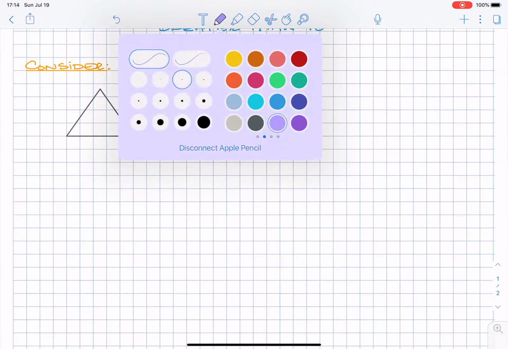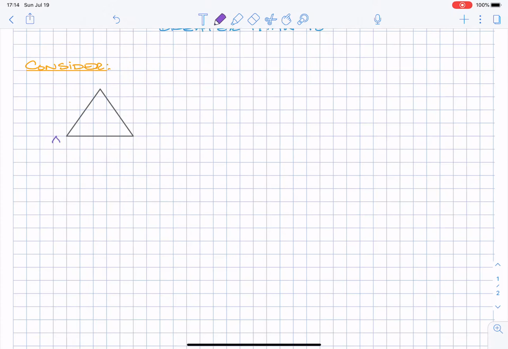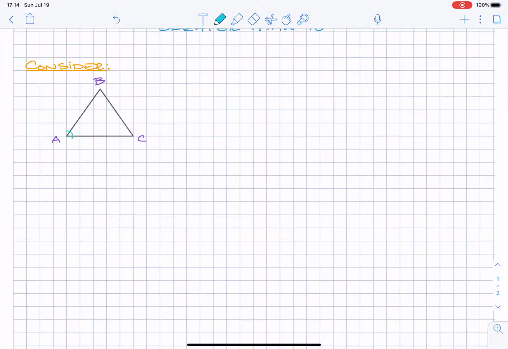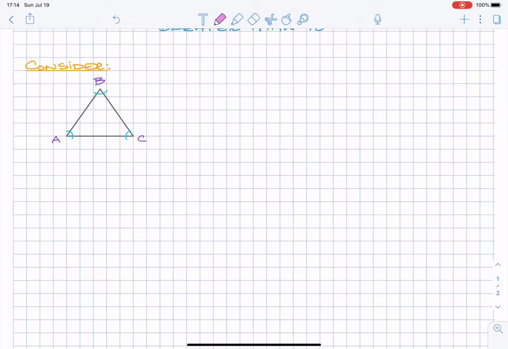So let's call this triangle ABC, meaning the vertices are called A, B, and C respectively. And we can also have the angles called A, B, and C. So all angles will be the same in an equilateral triangle, and the sides will have the same measure.